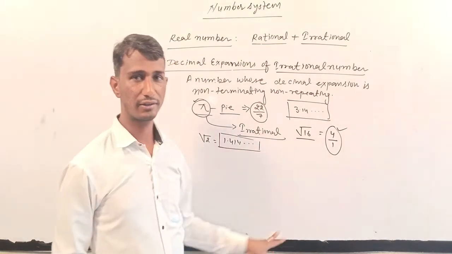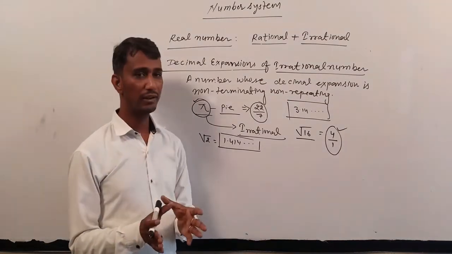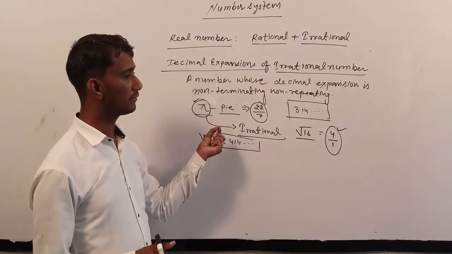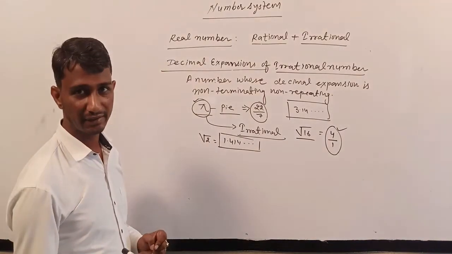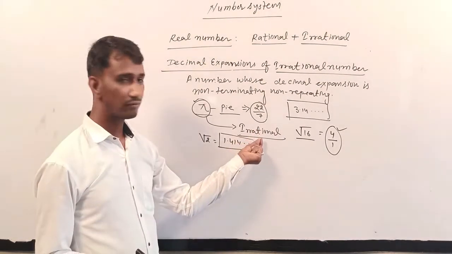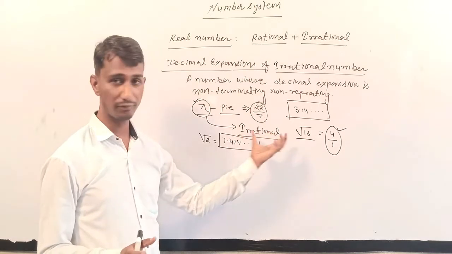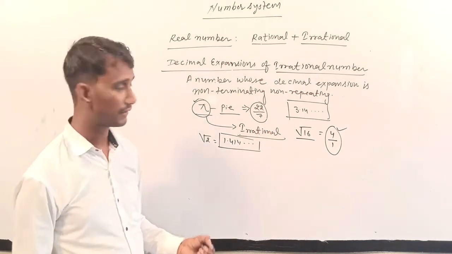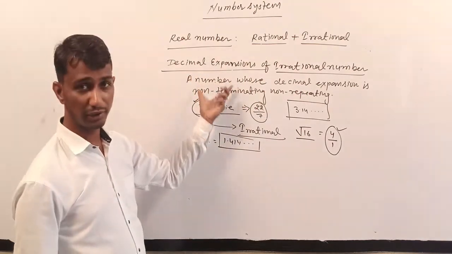Generally we can recognize irrational numbers as square roots of prime numbers. Understand? So in this way you can express the irrational number and its decimal expression.